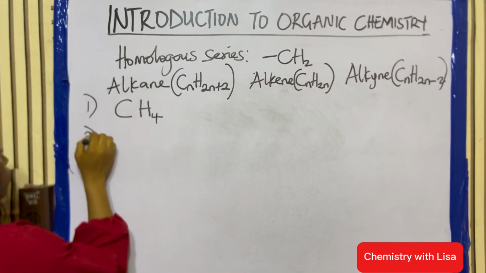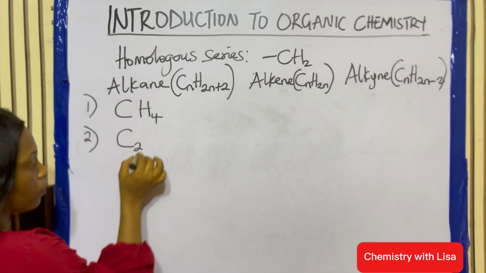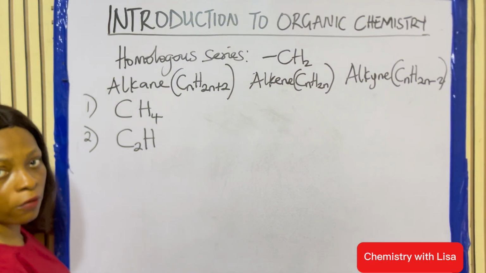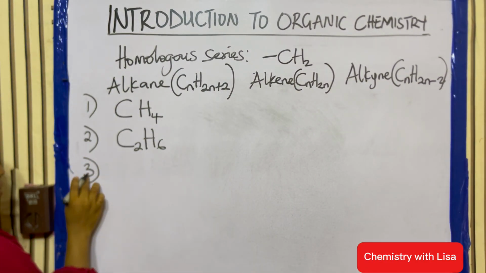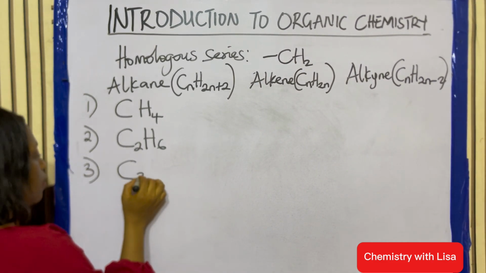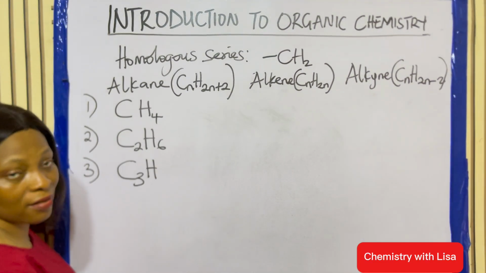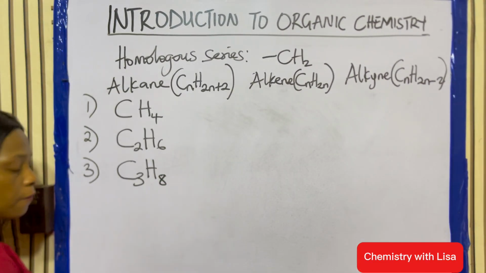Then the second one is the second carbon atom. C is now 2, H will be 2 times 2, 4, 4 plus 2, 6. And the third carbon, where n is 3, it will be C3H, 2 times 3, 6, 6 plus 2 will give us 8.